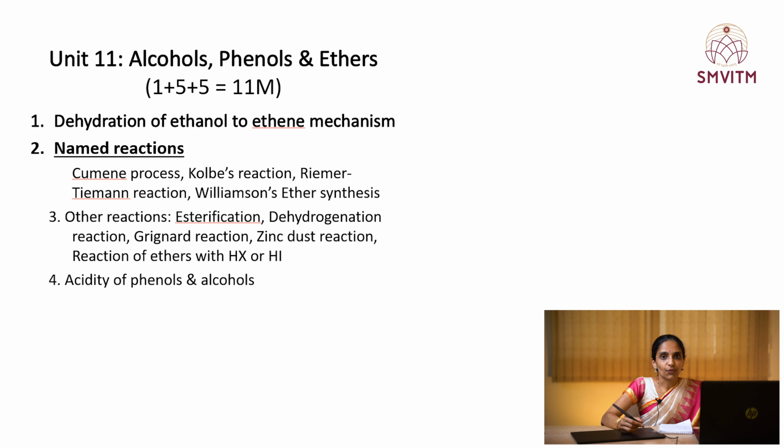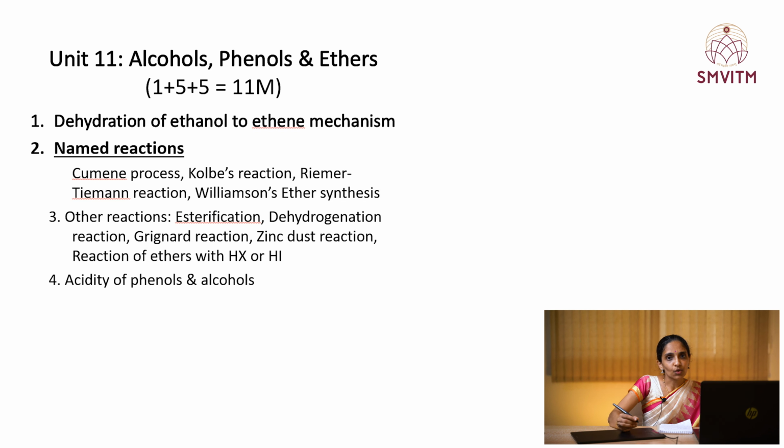See, if you subject formaldehyde to Grignard addition followed by hydrolysis, then you get primary alcohol. Any other aldehyde in the same method will give you secondary alcohol, and ketone, if you do Grignard addition and hydrolysis, you get tertiary alcohol.